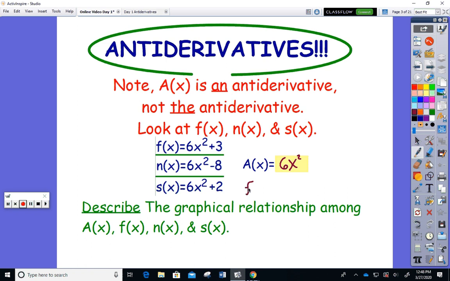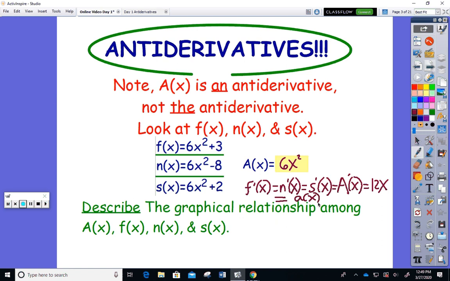So f prime of x equals n prime of x equals s prime of x equals capital A prime of x. All of those are 12x. Okay? So all of those derivatives are little a of x.